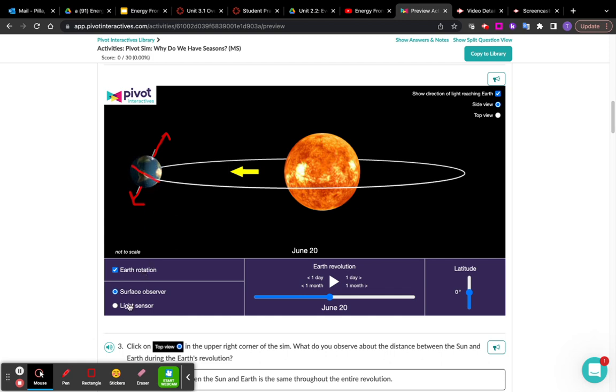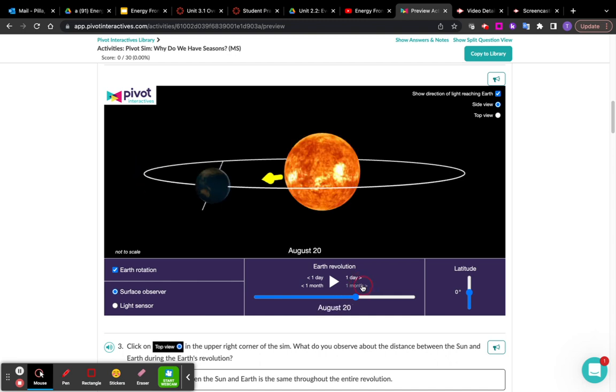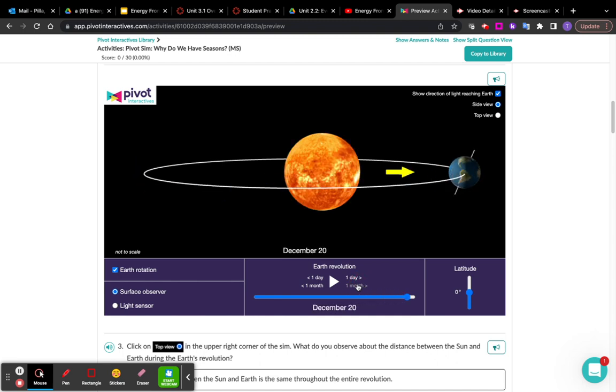So when you're using this simulation, keep in mind where the equator is and notice which way the Earth's axis is pointing. If we switch this and we go about 6 months later, December, remember, think about where that equator is. The equator is probably somewhere like here, roughly.